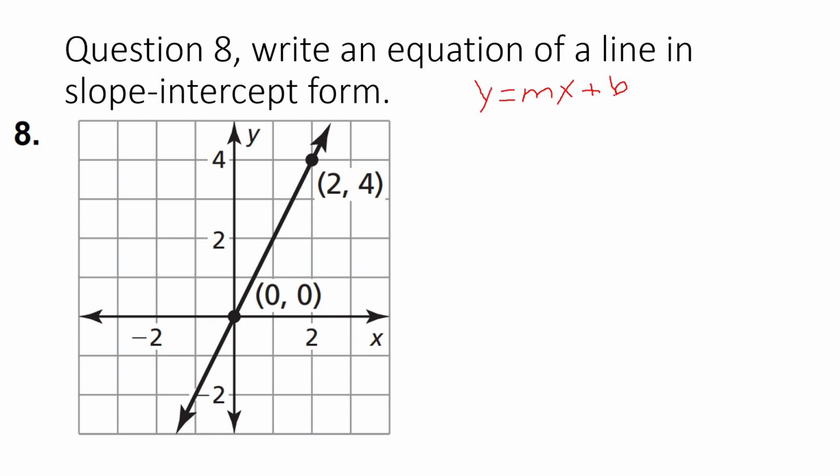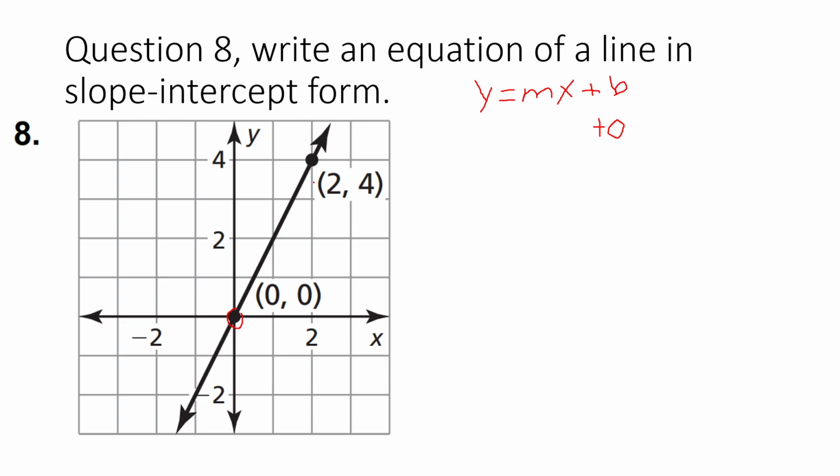So remember, the y-intercept is where the line that we are drawing intersects the y-axis. So this circle right here is where that line intersects the y-axis, which happens to be the y value there, happens to be at 0. So you can say plus 0. But you still need to find your slope.